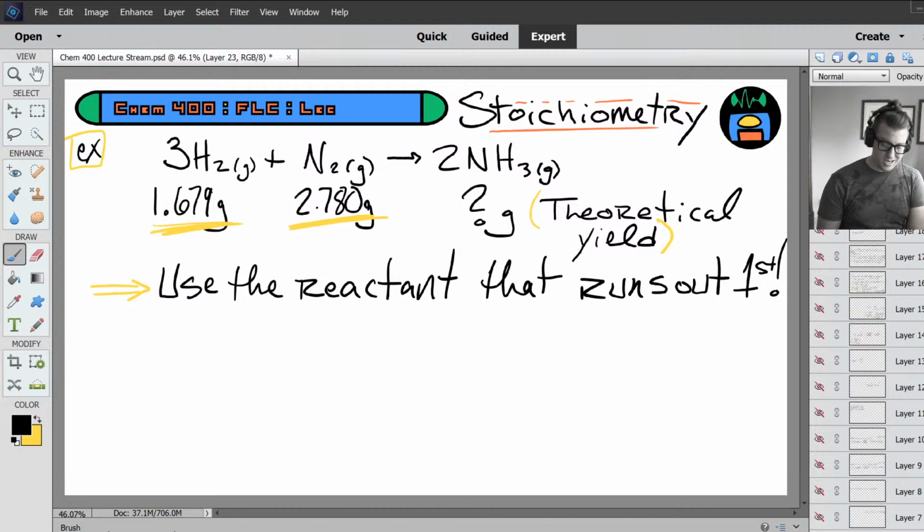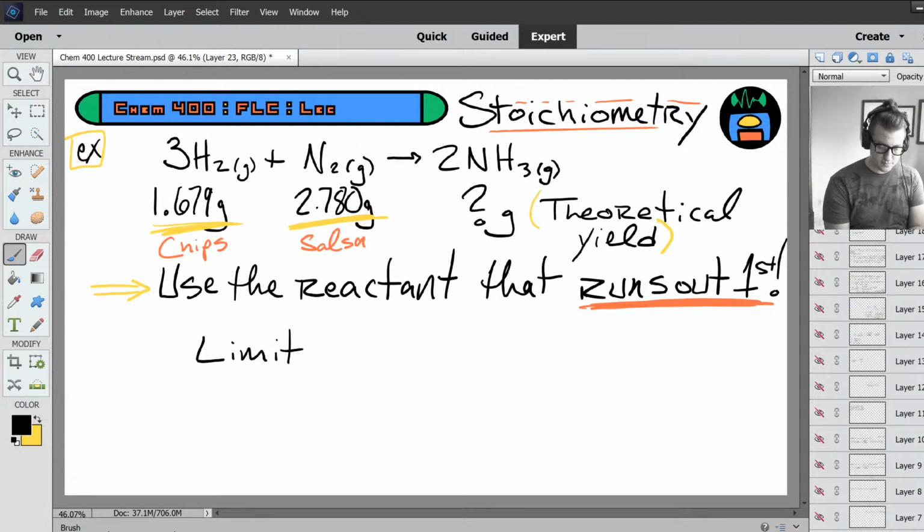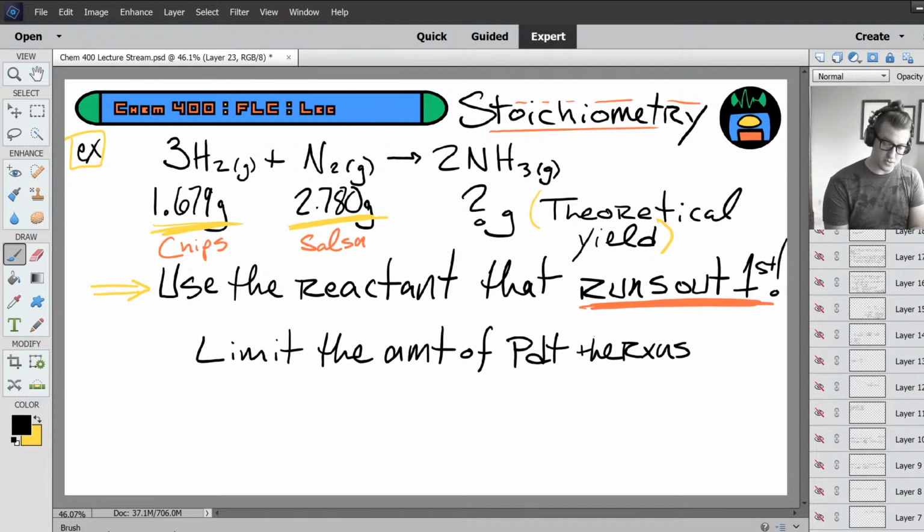And in this type of problem, you're given a quantity of chips and you're given a quantity of salsa, and you need to figure out which one will run out first, because the reactant that runs out first will limit the amount of product the reaction makes, that the reaction produces.